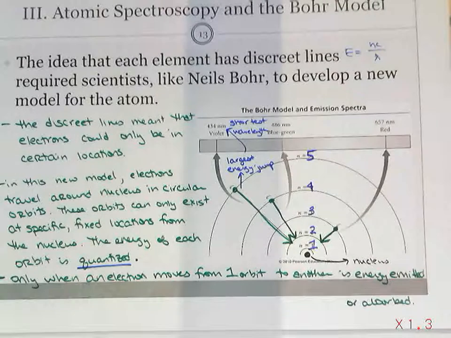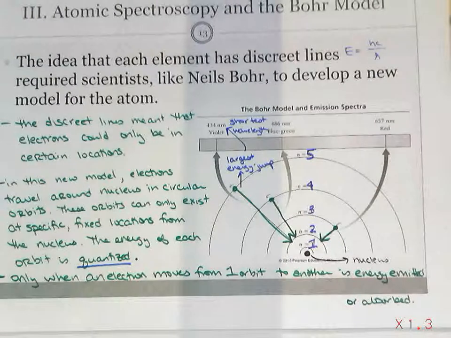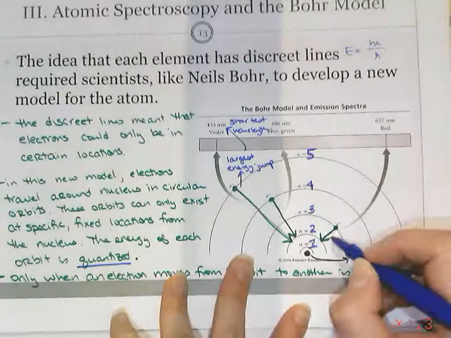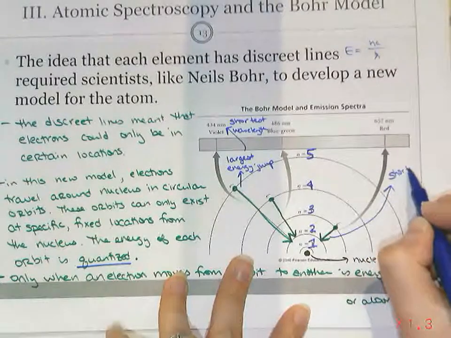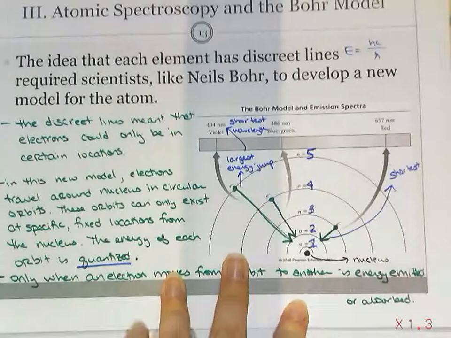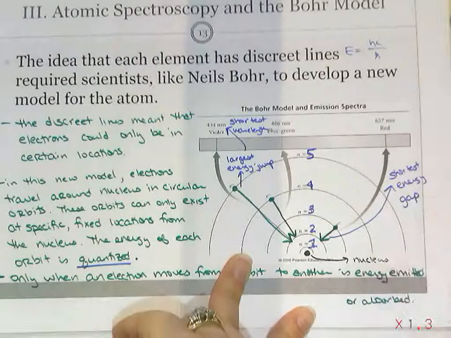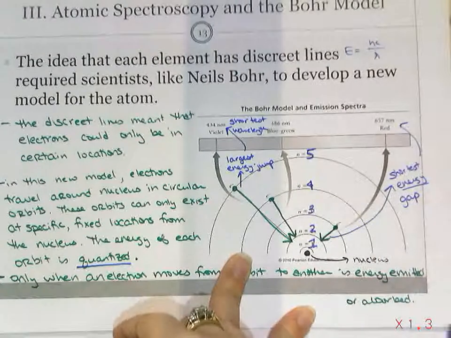If I have high energy, I have small wavelengths. Good blank stares. I'm assuming that means it's super obvious. Let's move on. Over here, I have my shortest energy gap. Shortest energy means longest wavelength.